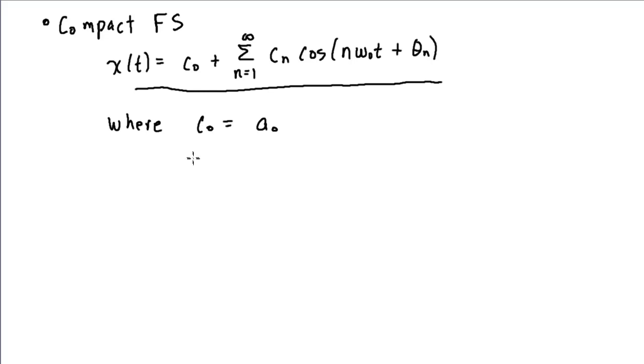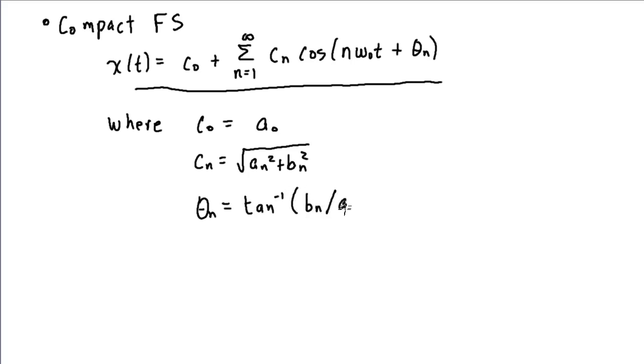C0 is still the average value. Cn is the square root of an squared plus bn squared. So in getting to this form of the Fourier series, we'll typically calculate an and bn using those formulas that were given previously. Theta n then is the inverse tangent of the bn over the an coefficients.